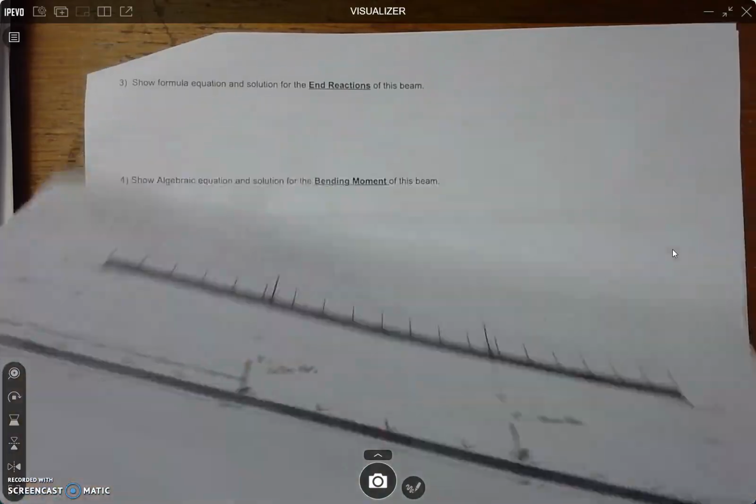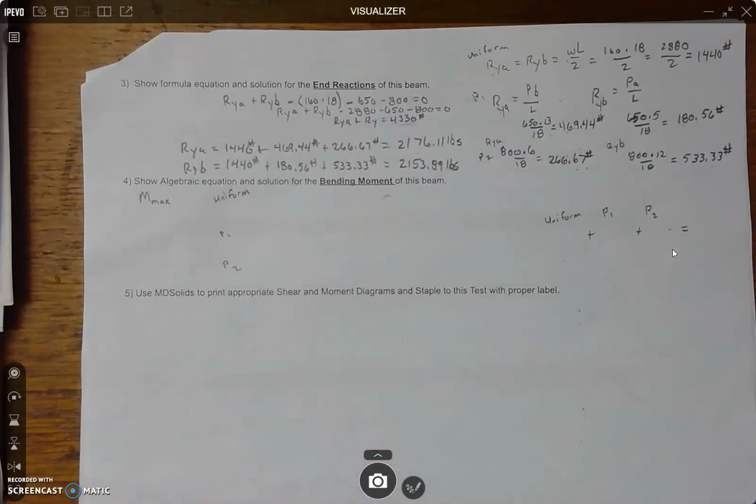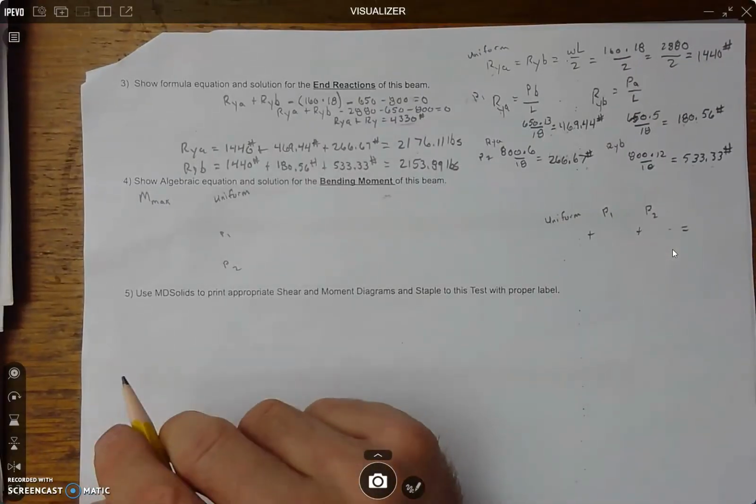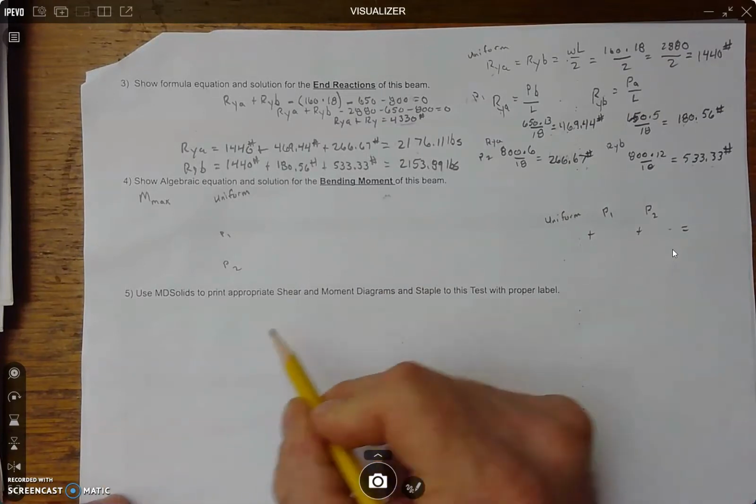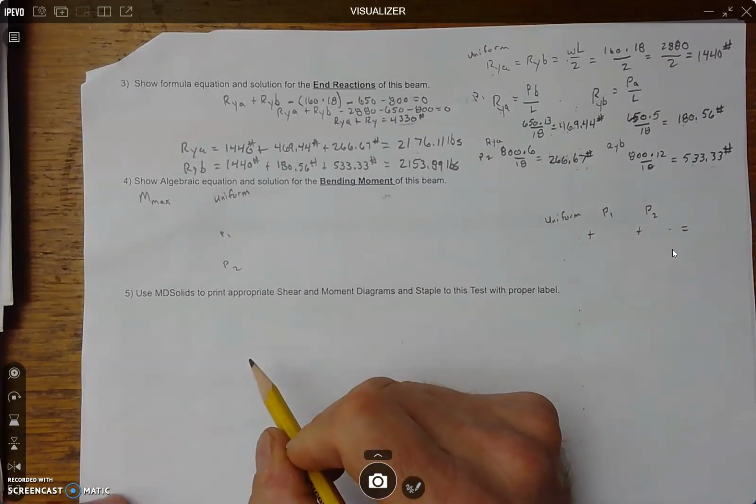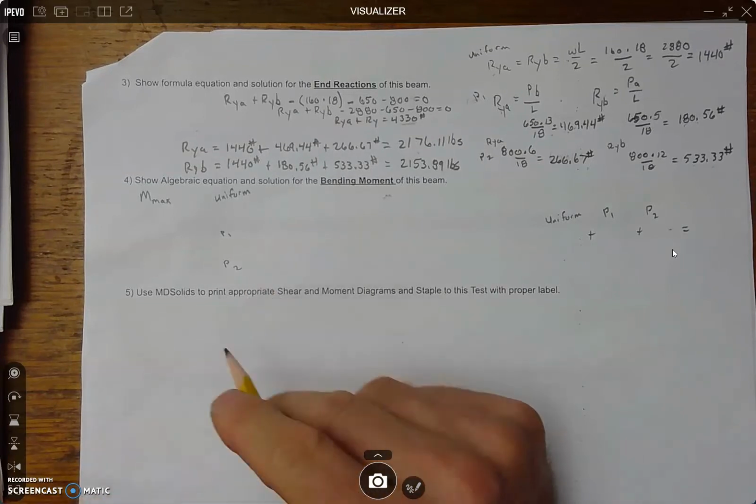Now we're going to do the bending moment, and that is the maximum moment. On our charts, that's where we have the big curve at the bottom, where we show the bending moment.